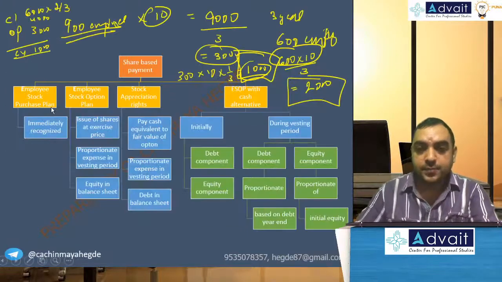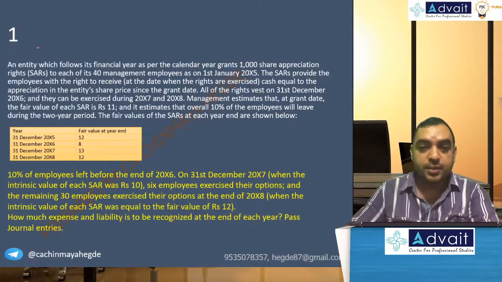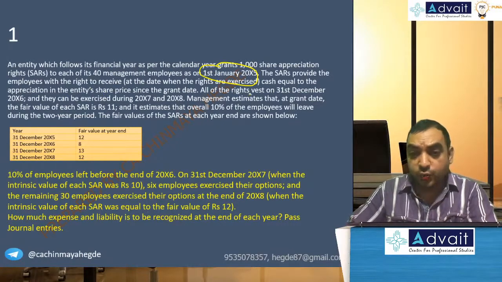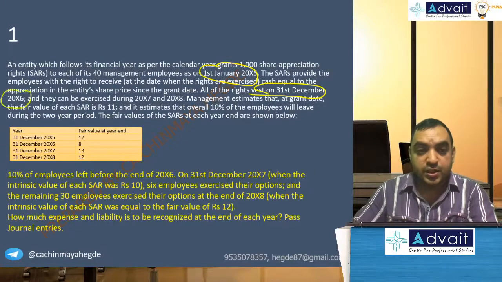In this case, what is the vesting period and what is the exercise period? 1000 share appreciation rights to each of 40 employees on 1st January 2005, the grant date. And you will get cash equal to the appreciation, vesting on 31st December 2006.